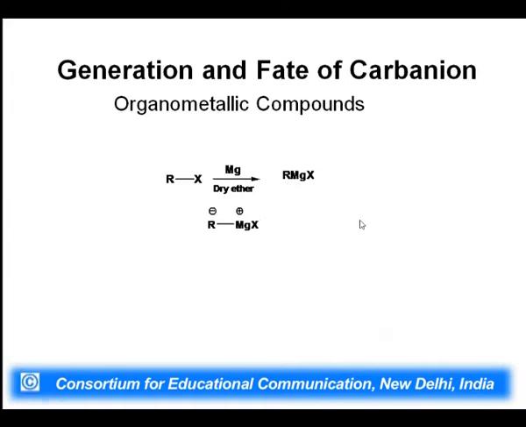One point I would like to mention here is that I have told you about organolithium compounds and Grignard reagents, but organolithium compounds are much more a pure or true carbanion kind of system, because of the presence of lithium, a very highly charged, positively charged alkali metal. The system is purely ionic.